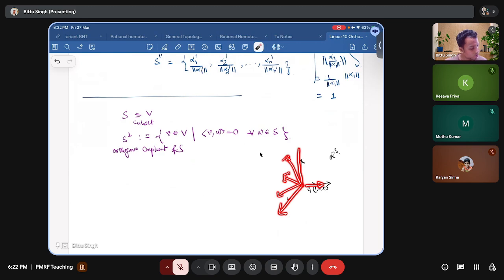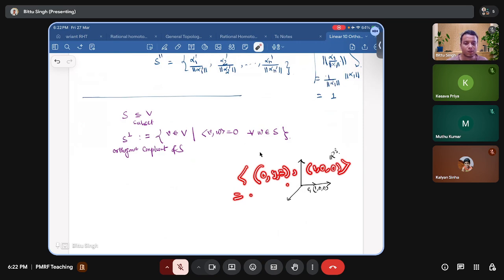If you take the inner product with any vector from this plane, which will look like 0, y, z, with this 1 0 0 direction, this is always 0, by the definition of inner product.